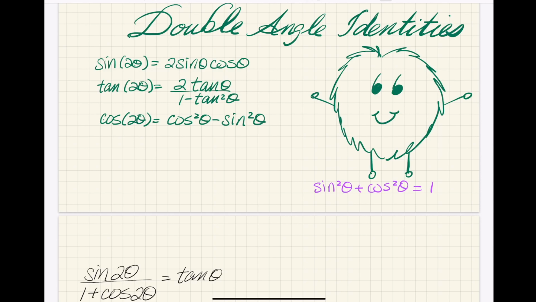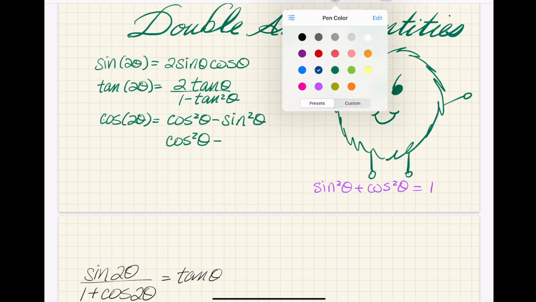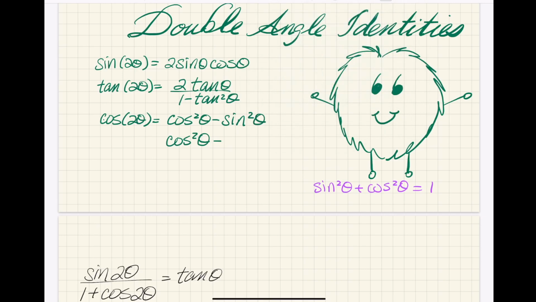So first we're going to take a look at the cosine of 2 theta is equal to cosine squared theta minus sine squared theta. Now we're going to use that Pythagorean identity that I have written down on the side and move things around. If we subtract both sides by the cosine squared theta, then we have sine squared theta is equal to 1 minus cosine squared theta.